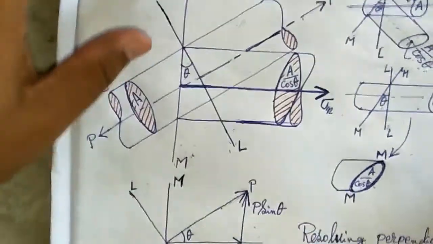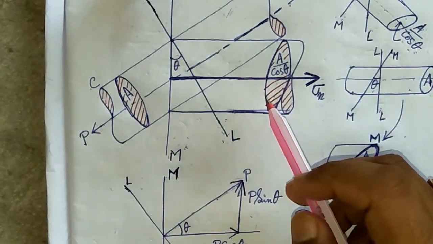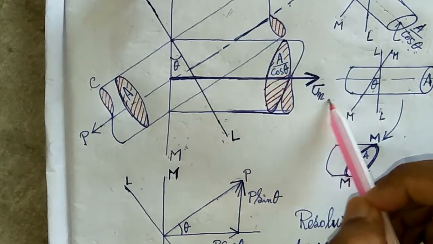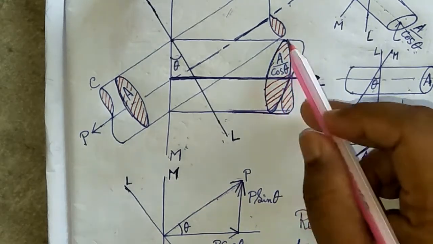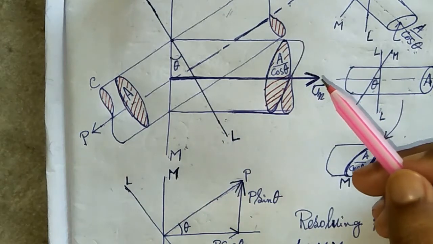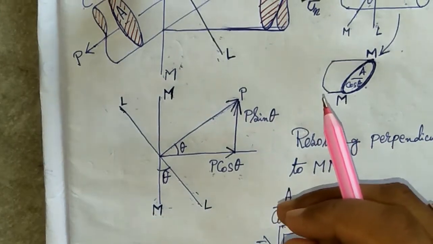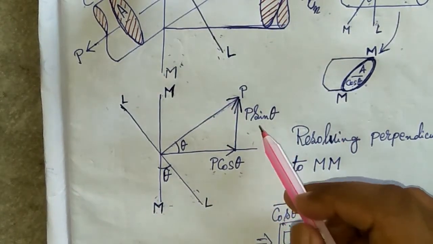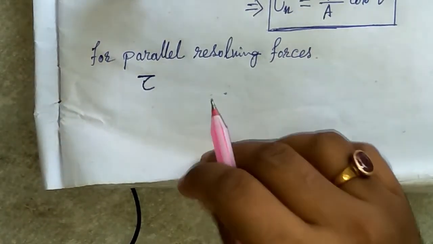Why does this shear stress come? Because the stress acting normally to the cross sectional area we call normal stress, and the stress acting parallel to the cross sectional area we call shear stress. The force related to this shear stress is P sin theta, the parallel force of this cross sectional area.